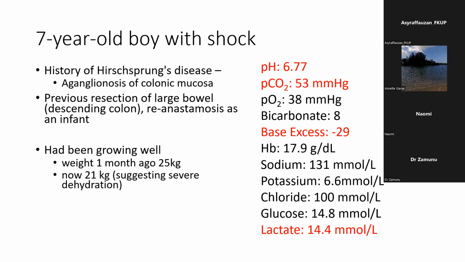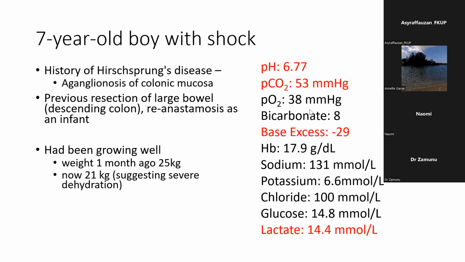So the pH is 6.77, but the base excess is -29. So there could be some compensation, like a metabolic acidosis with some compensation. That's right, Benji. So his bicarbonate is only 8, isn't it? First of all, he's got a severe acidosis.